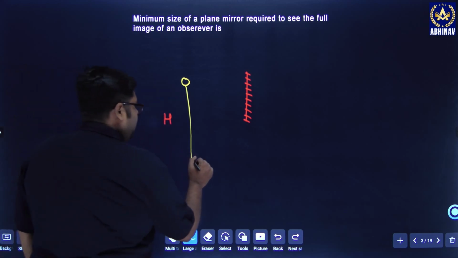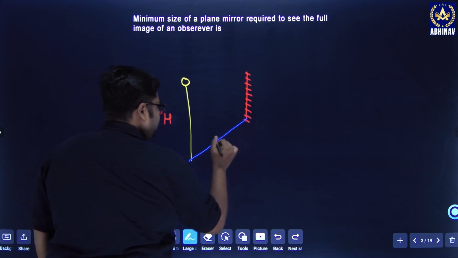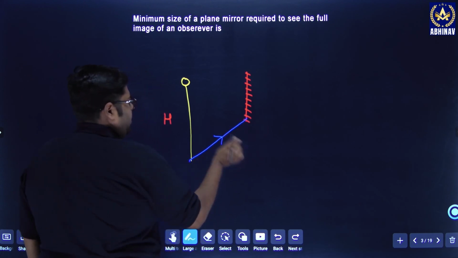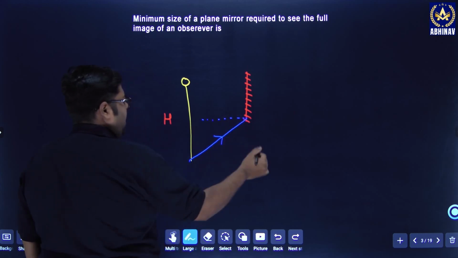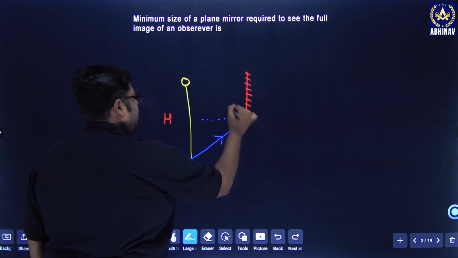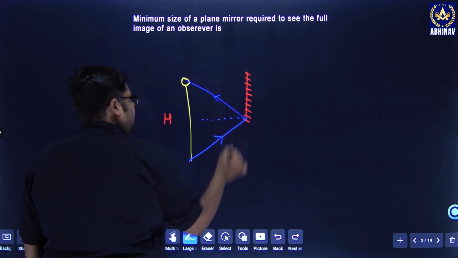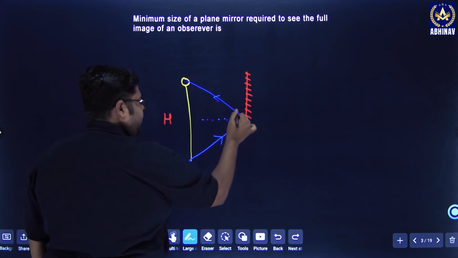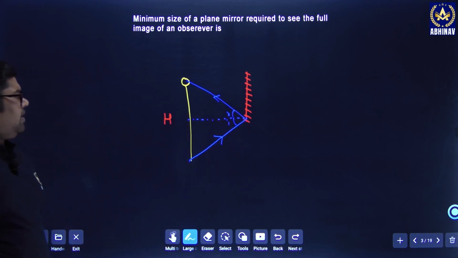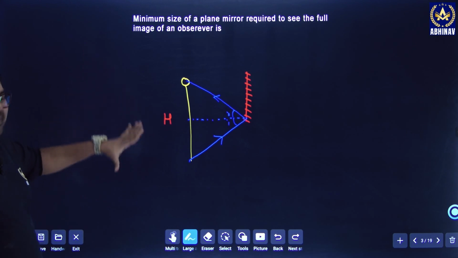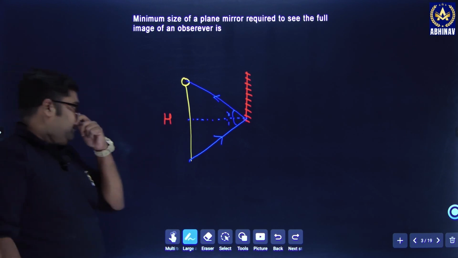So we'll draw a ray diagram like this. This is our incident light, this is the normal, and according to the laws of reflection, angle of incidence equals the angle of reflection, right? So now the person is able to see his complete image in that mirror.